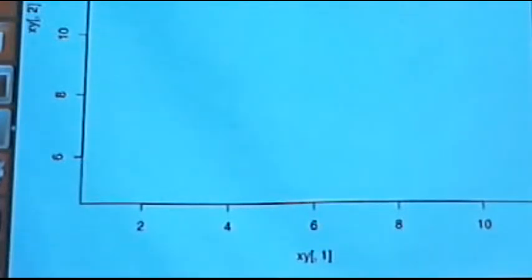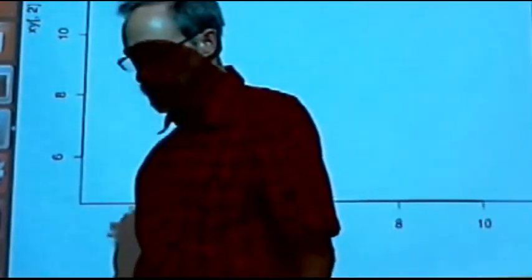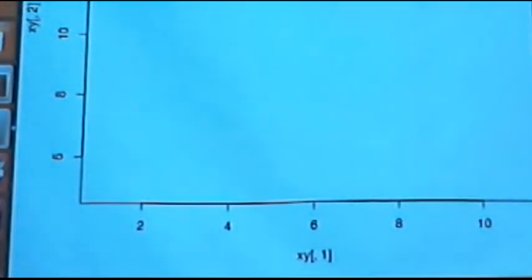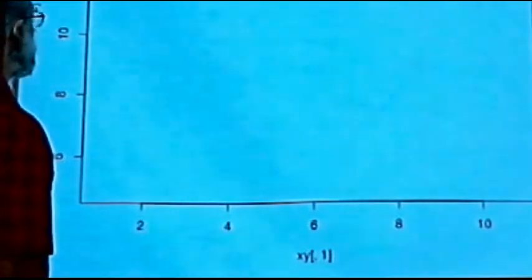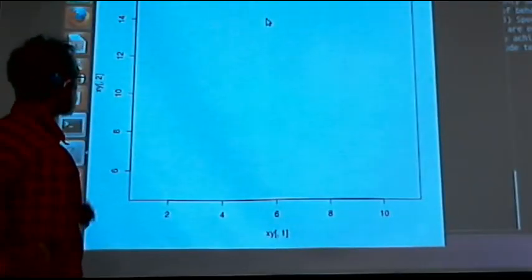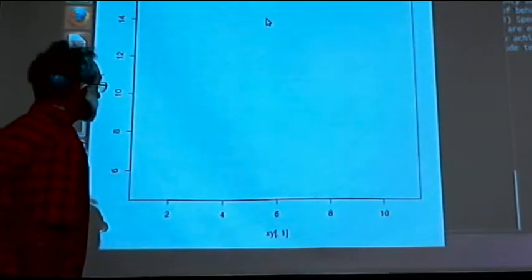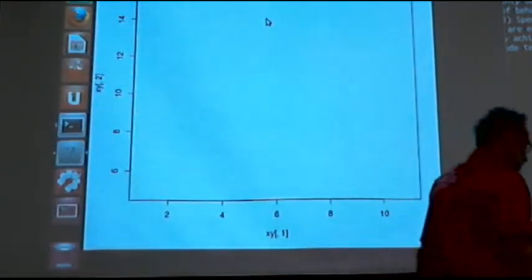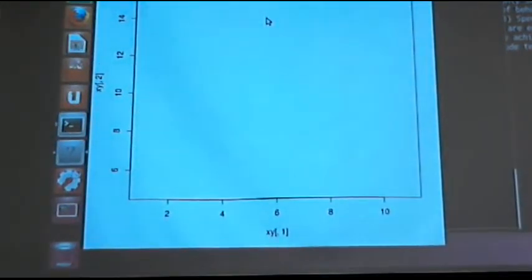Why do you have to do this? Because if you plot x1 and y1 first, and the biggest y1 was 10, but overall the biggest y was 20, you would never see it because it would stop at 10. Actually, it stops at 16. Yeah, we can just plot together.